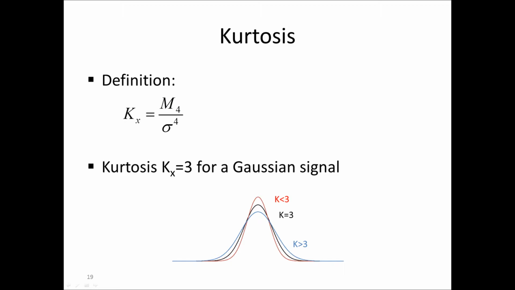Similarly to the skewness, it exaggerates high values in the signal. Therefore, the kurtosis tells us about the tails in the PDF. If the tails are higher than the normal distribution, which is this black curve here, then the kurtosis is larger than 3. And if the tails of the PDF are lower than those of the normal distribution, then kurtosis is smaller than 3.